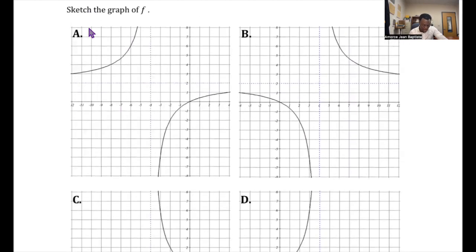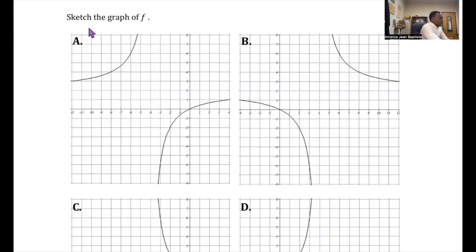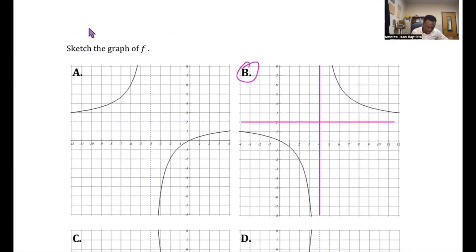Then I see that the one that is closer to the function that I see in the graphing calculator is B, because I found a vertical asymptote at 4, and that's what I see here. And that's my horizontal asymptote. And also the points that I found.